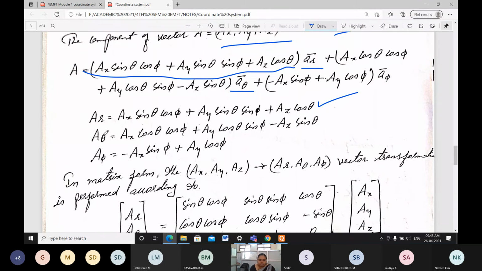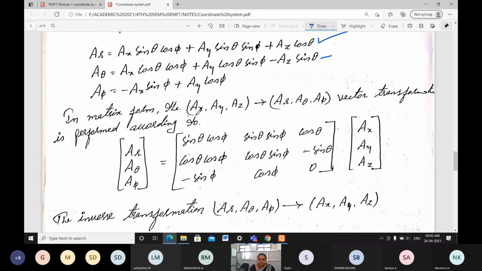Then A theta is going to be Ax cos theta cos phi plus Ay cos theta sin phi minus Az sin theta. Then A phi is going to be minus Ax sin phi plus Ay cos phi.